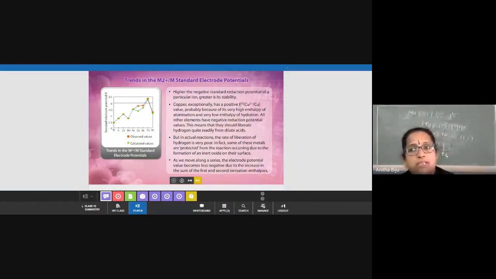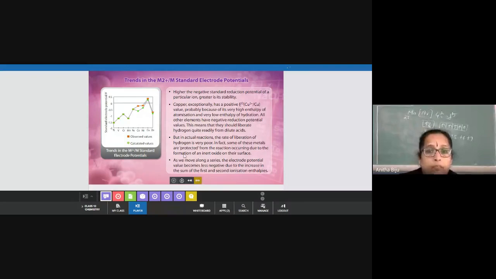This point matches with the transformation energy from solid to aqueous state. And it has very low enthalpy of hydration. So these are the key points you can remember.